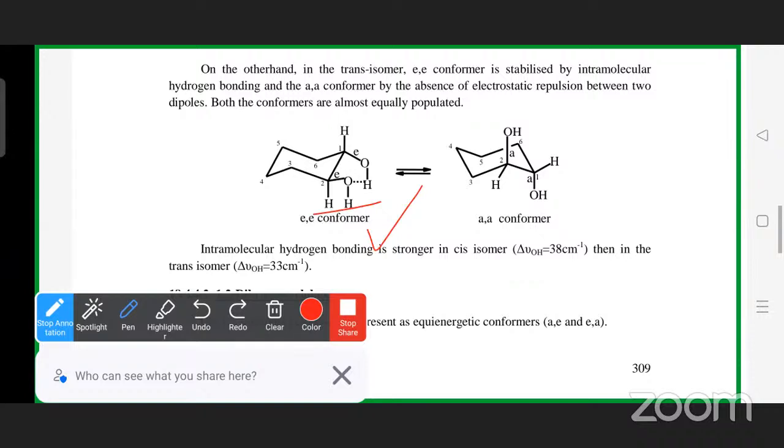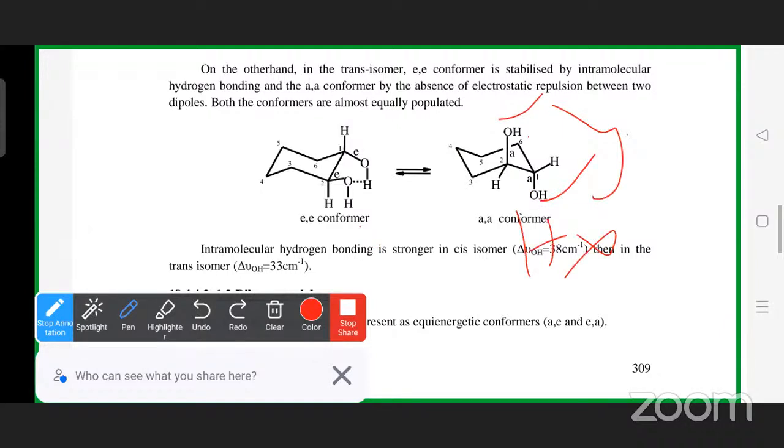And when you see the existence of this one, right? So this is more stable than this one. It's less stable, right? It does not exist here because, you see, even though it is trans, right? Because of the orientation of the hydroxy group, there is absence of hydrogen bonding here.